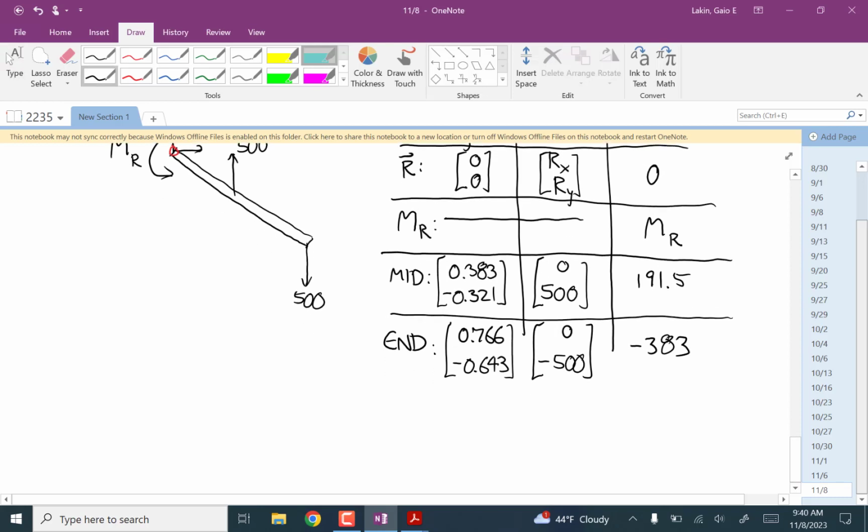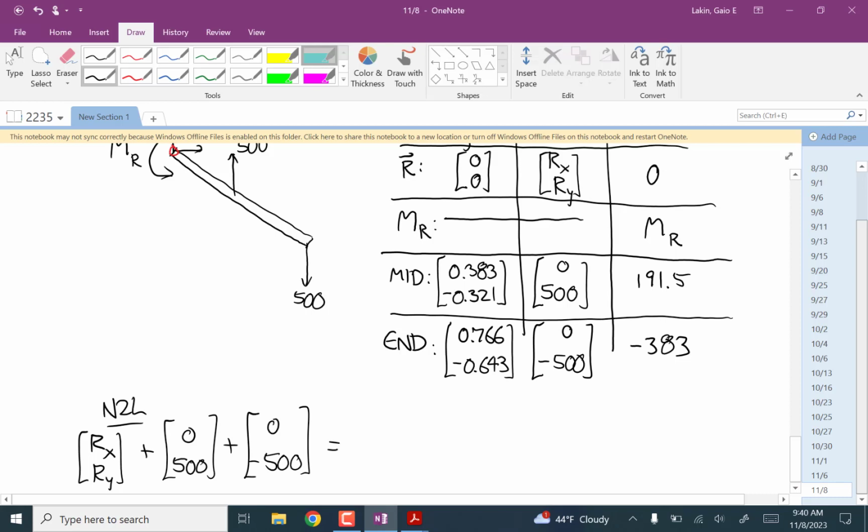So Newton's second law says Rx, Ry plus 0, 500 plus 0, negative 500 is equal to 0.